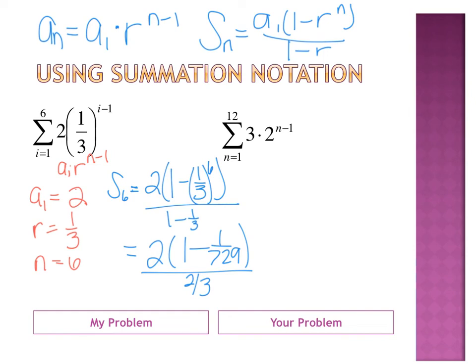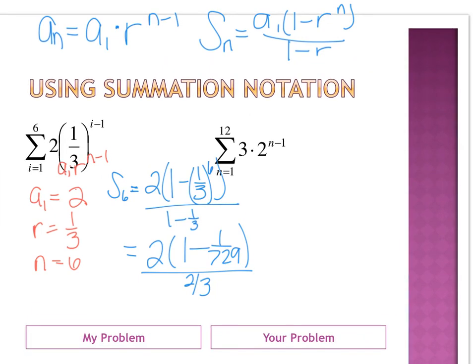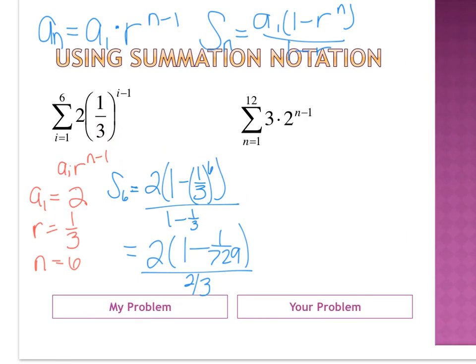Because I'm taking like 729/729, right? So I get 2 times 728/729 divided by 2/3. Now in my calculator, if I wanted to, I can times by 2 and then divide by 2/3. But when I see this, I see that I could take that and multiply by the reciprocal 3/2. Right? And then my 2's cancel.